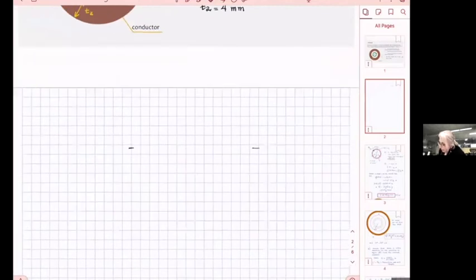So we take the inside of the inner conductor, and this is region 1.